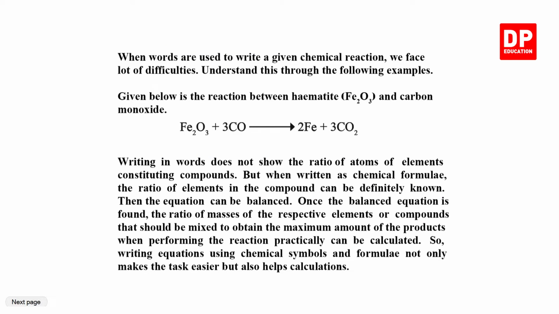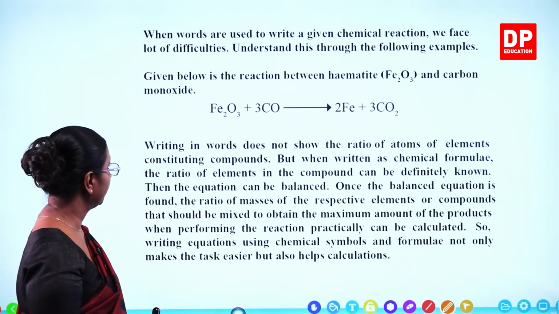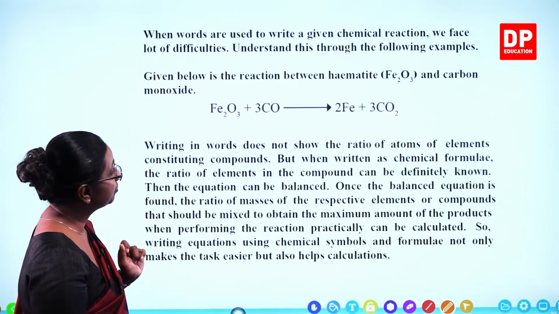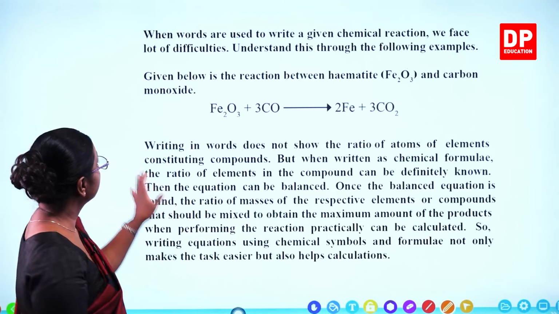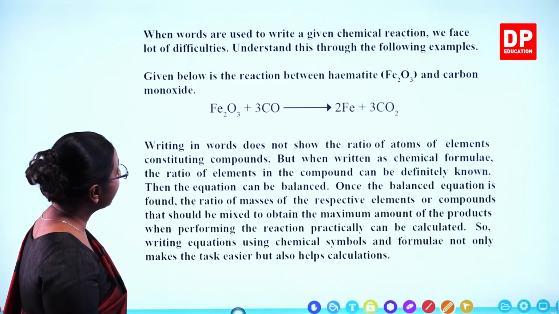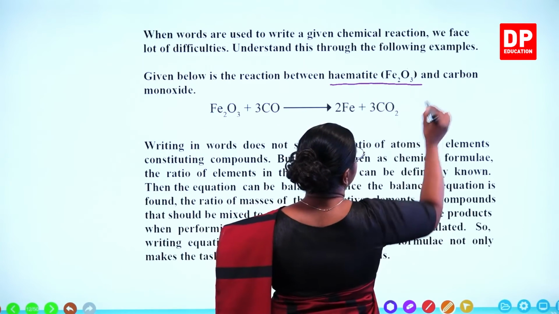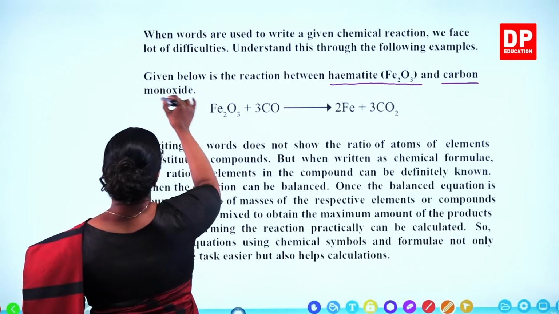When words are used to write a given chemical reaction, we face lot of difficulties. I have mentioned this before. Understand this through the following examples. Given below is the reaction between hematite and carbon monoxide.